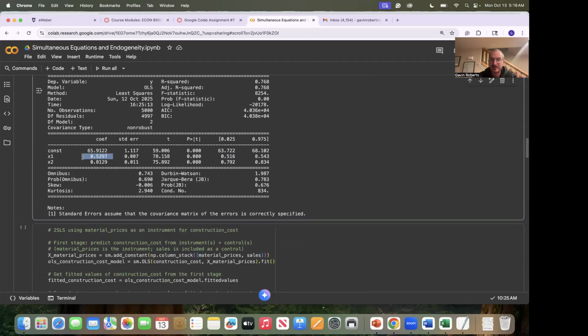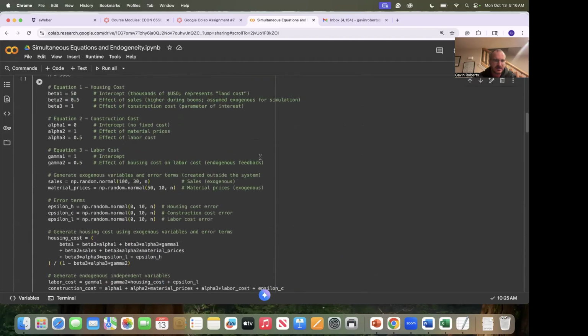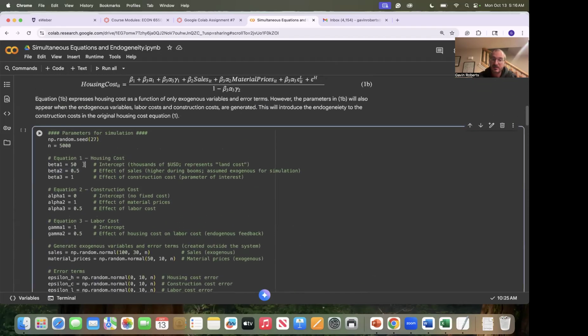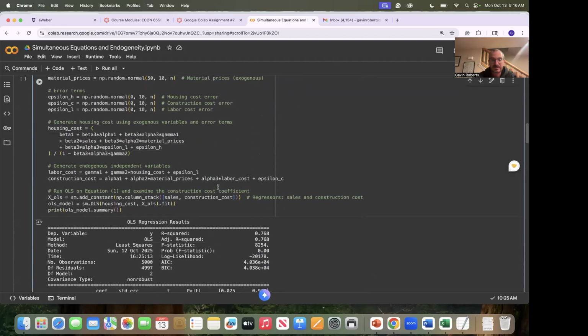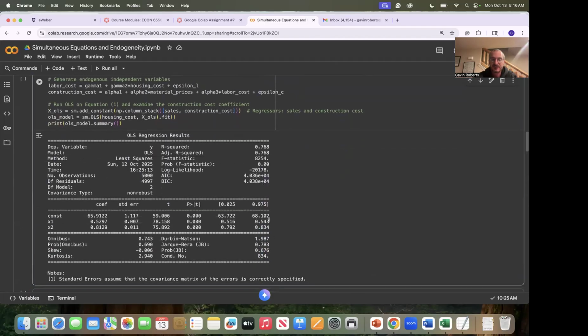We're getting too big of an estimate for sales. Notice in both cases, the true parameter is not even inside the 95% confidence interval. Let's check with the intercept. None of our estimates, the truth is never within the 95% confidence interval in any of these estimates. This is a large data set that I created.